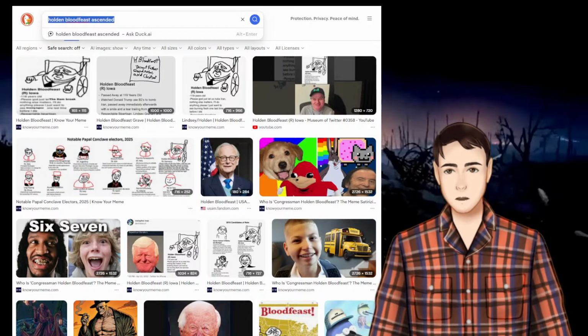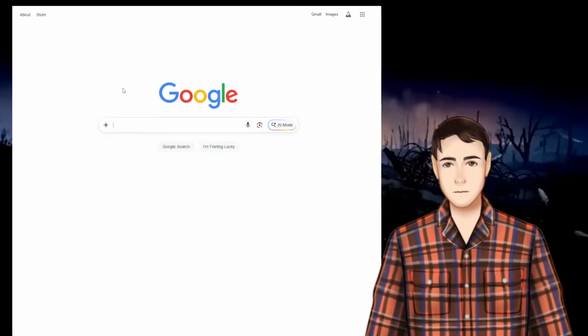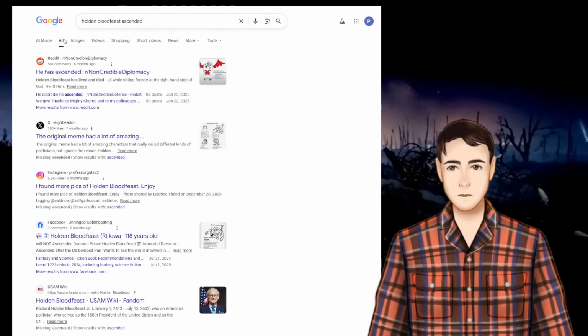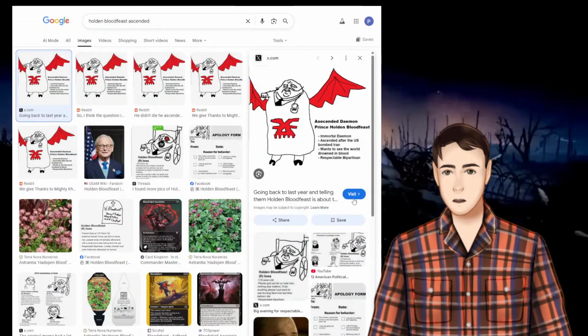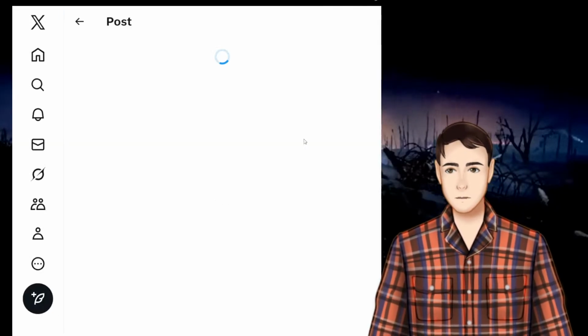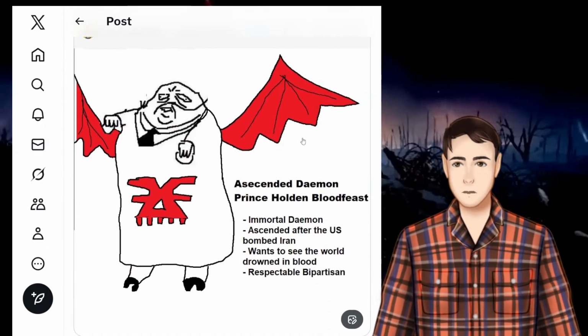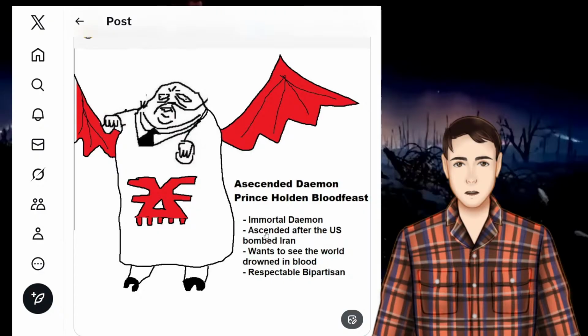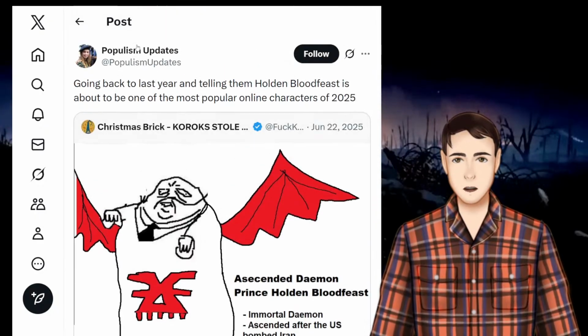Hold up, I'm gonna go to Google. Yeah, there it is. Thank you. Ascended Daemon Prince Holden Bloodfast, Cornate Berserker, Immortal Daemon, ascended after the U.S. bombed Iran, wants to see the world drown in blood, respectable bipartisan.